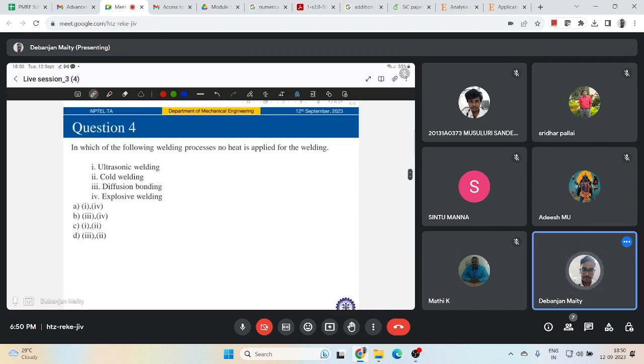Correct. So here it says, in which of the following welding processes is no heat applied for the welding? So it basically asks about processes where no external heat source is used.